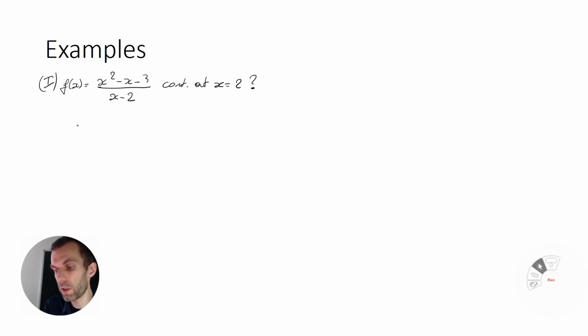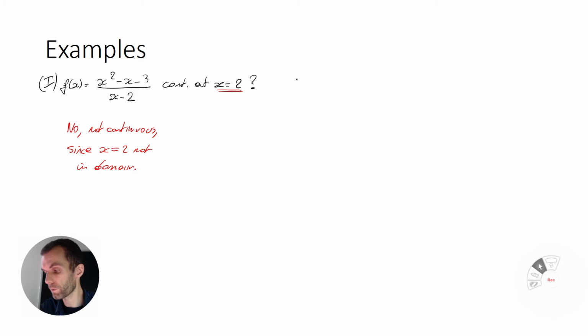You can immediately decide that no, this is not continuous. And why not? Well, since x is equal to 2 is not part of the domain of the function. It's a value for which the denominator becomes 0, so the function is not defined there.